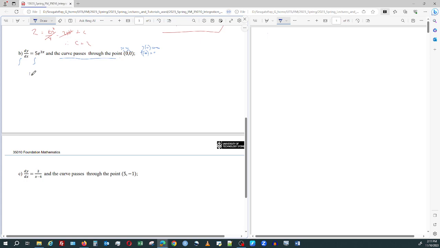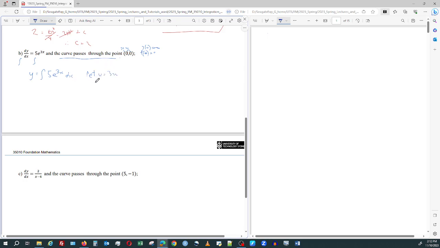So y will become the integral of 5 e to the 3x dx, which we know is, well, a chain rule. Be prepared to do a chain rule. I think it's important that you do. Let the u substitution, let u equal 3x.